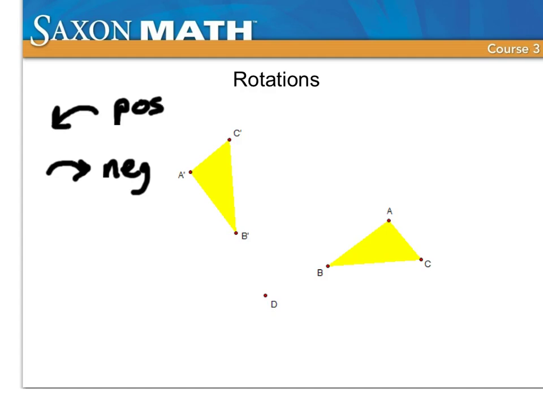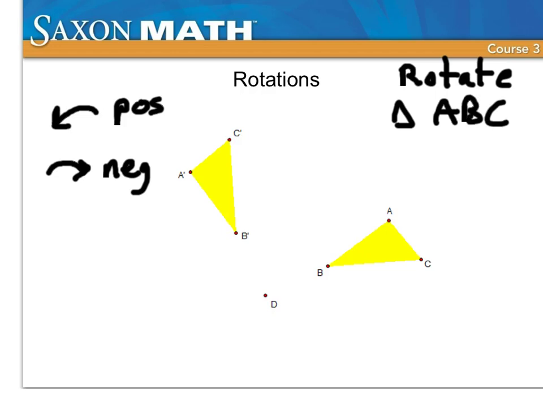Okay? So again, we need to be able to describe this. So I am rotating triangle ABC. Okay? Now which way am I rotating it? Here's triangle ABC. I'm rotating it to the left, so that's a positive. Now to figure out how many degrees you do this, okay, you should be able to connect your points that go together.